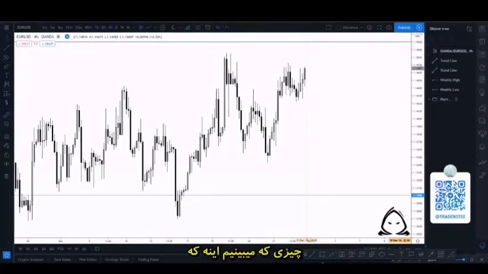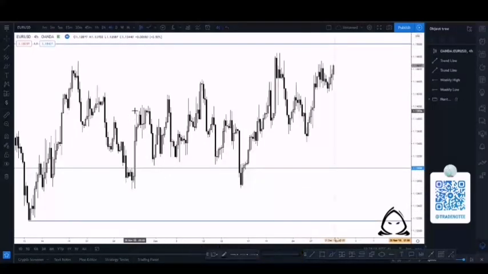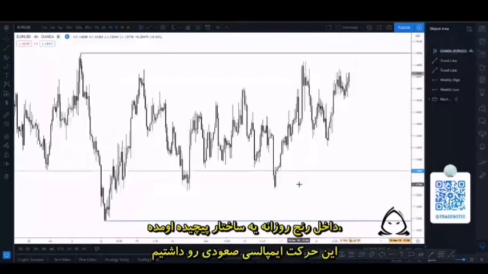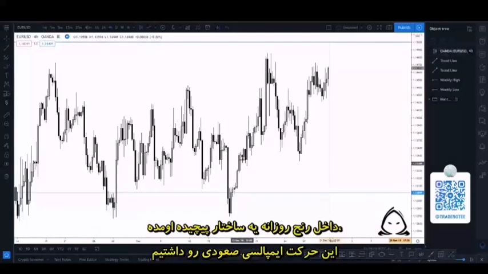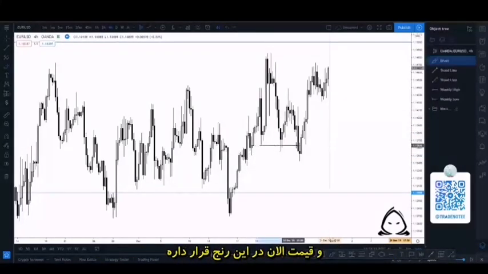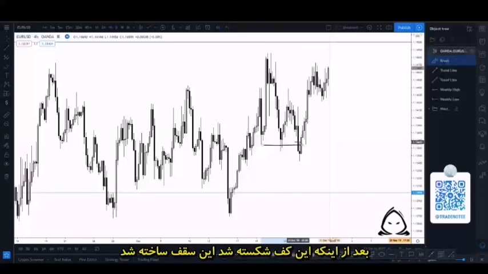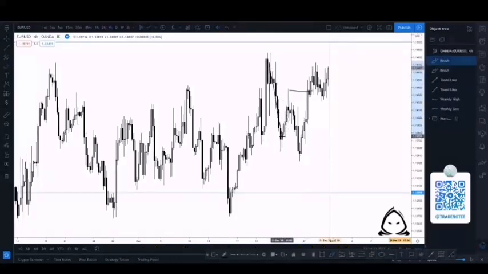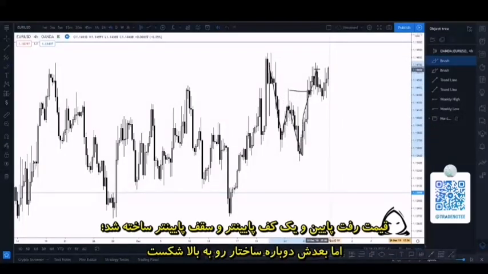If we look, we have created a bit of complex structure within this daily chart, but we've created an impulsive move to the upside, created a low, we broke this high here, and then we broke this high here, so we are trading in this overall range. But once we actually broke this low here, we created a high here as price went down, created a lower low and a lower high, but then we broke to the upside.